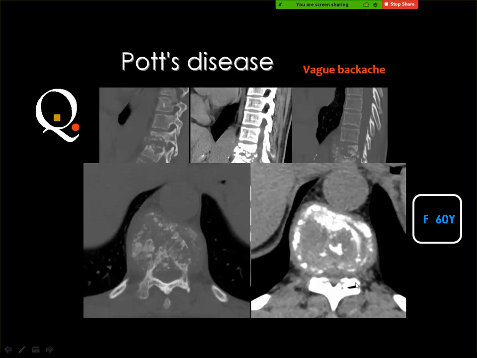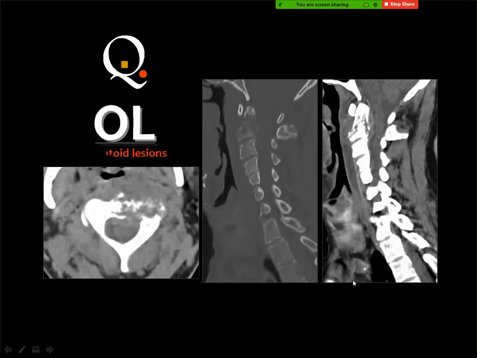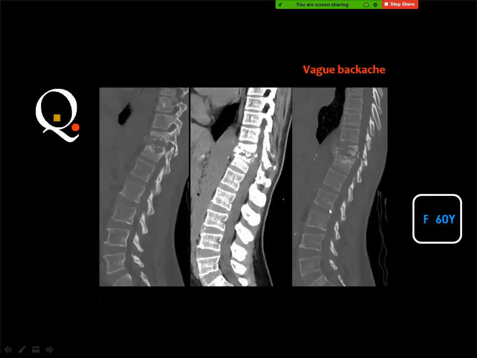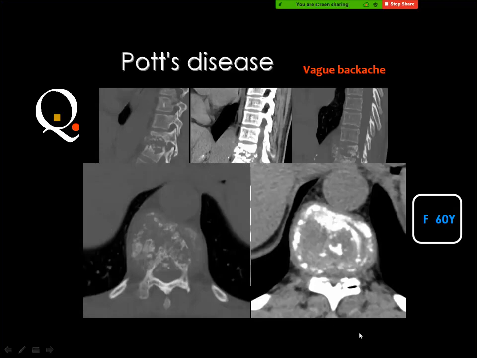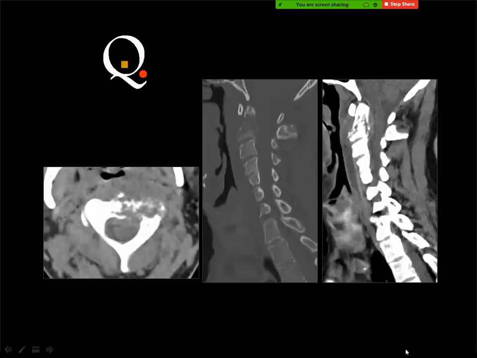And you may also notice the presence of some inflammatory granulation tissue anterior to the affected vertebra. It is also evident in the axial image. The next case.